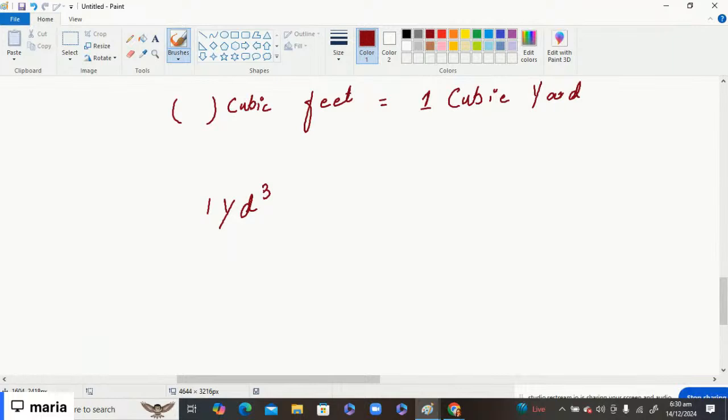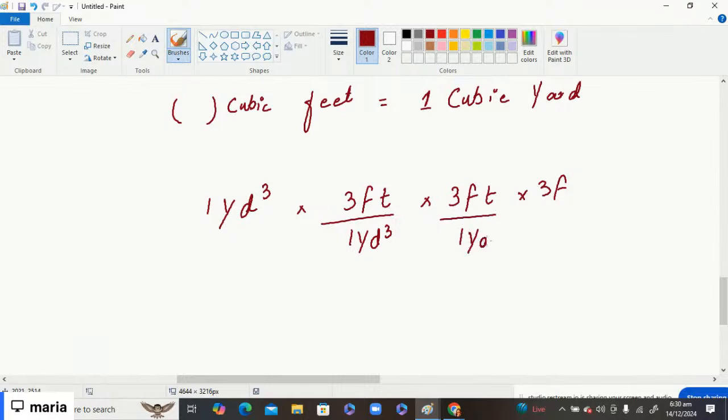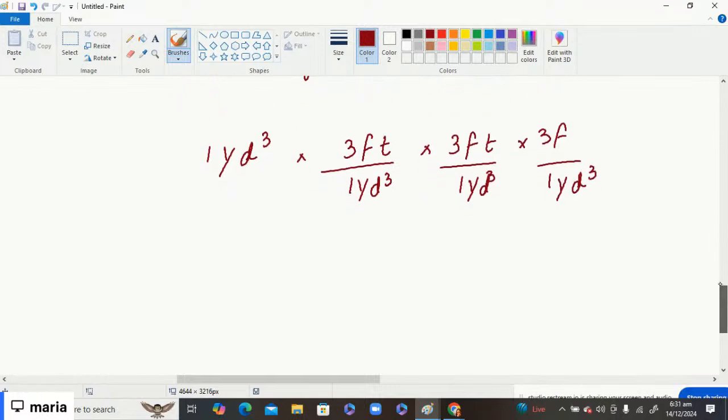Now cubic yard basically represents yd and cube. It's equal to how many feet? So it's a cube thing, so we are going to multiply 3 feet times 3 feet times 3 feet over 1 cubic yard. Yard represents yd.